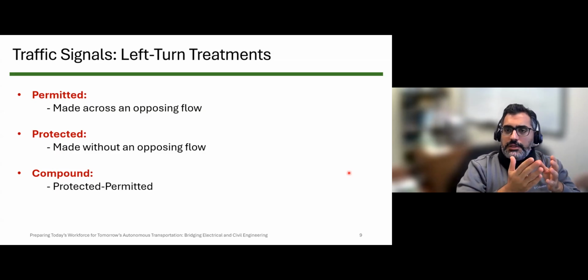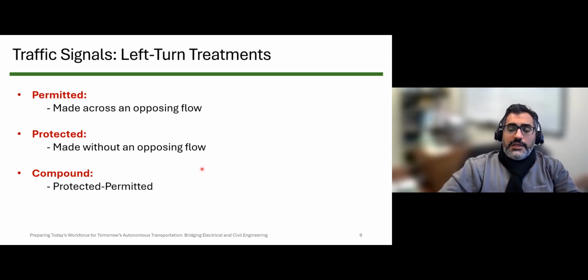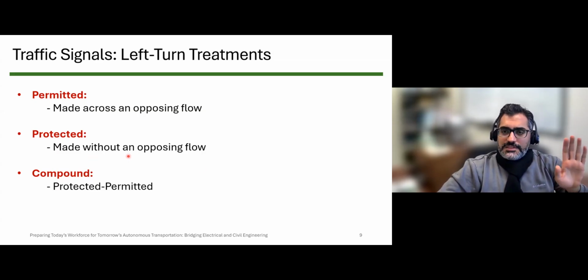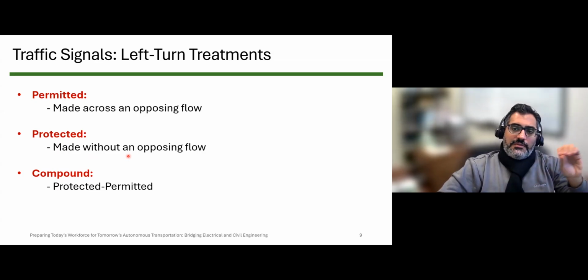This is called a permitted or permissive left turn. We also have a protected left turn, which means that we will stop the through moving vehicles, and then we will assign the right of way only to the left turning vehicle so they can turn left without any opposing flow at the intersection.